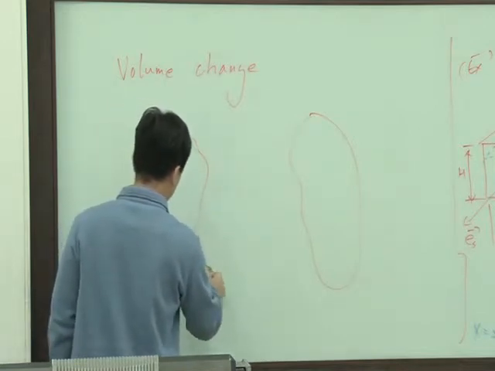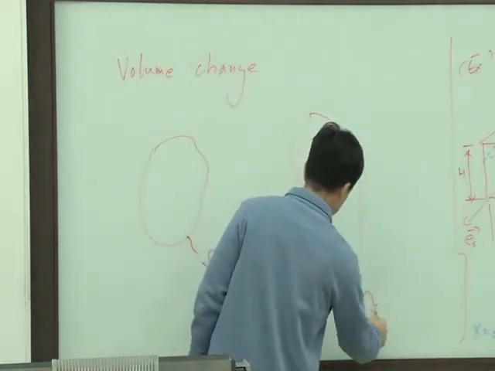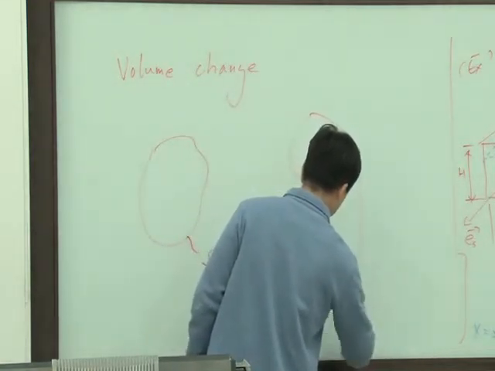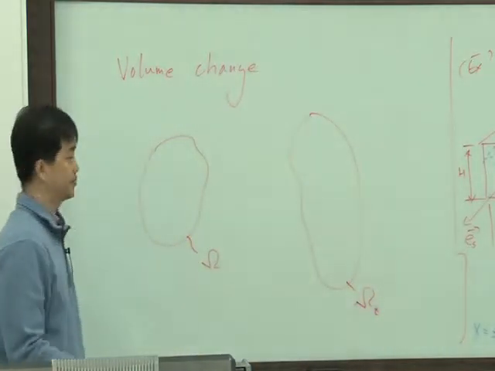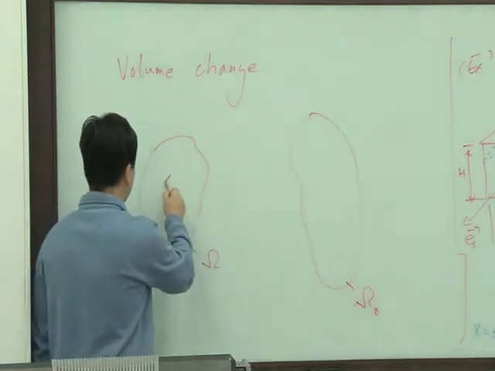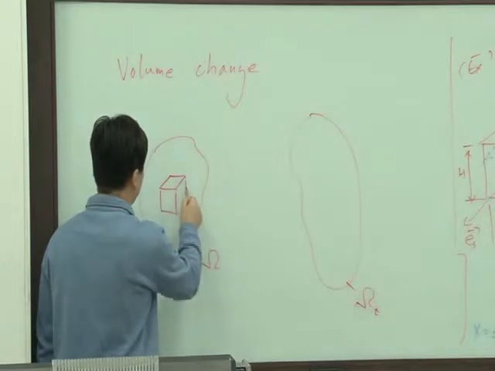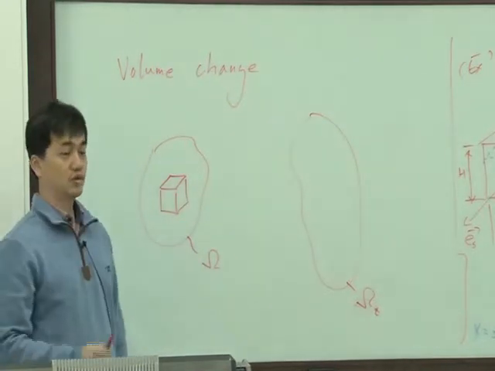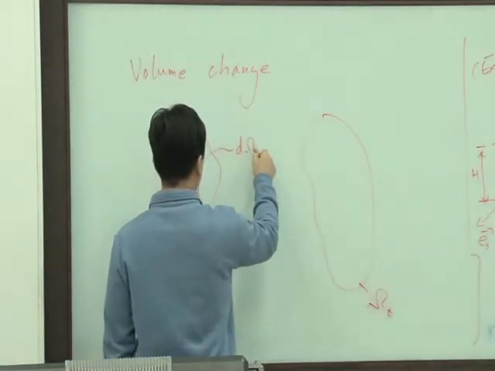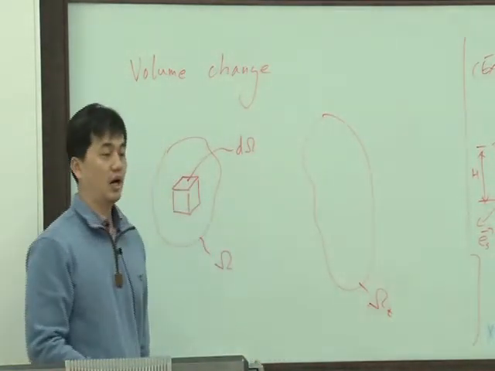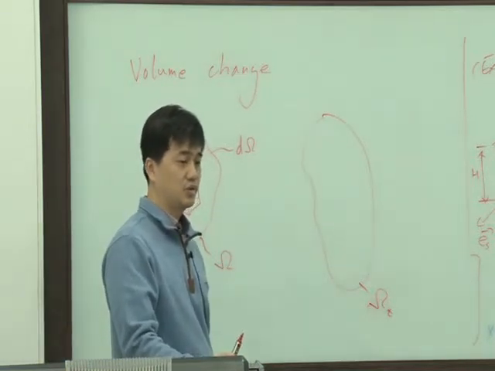So its domain, omega, total omega volume is omega t. Let's consider a very small volume here with a cube. This is a d omega. How can we define this volume? Very small cube volume.